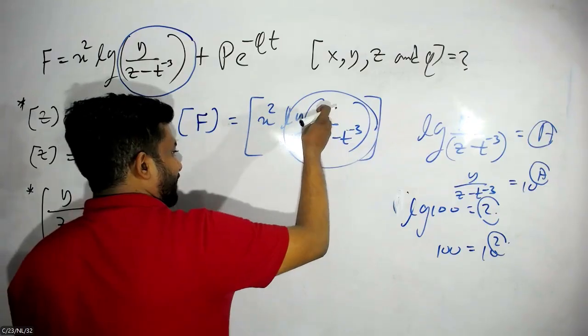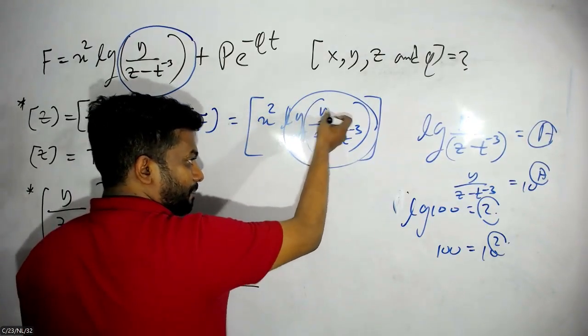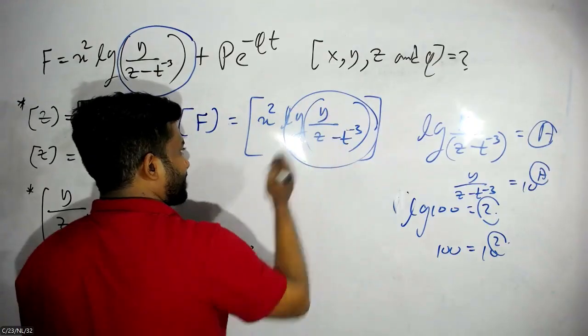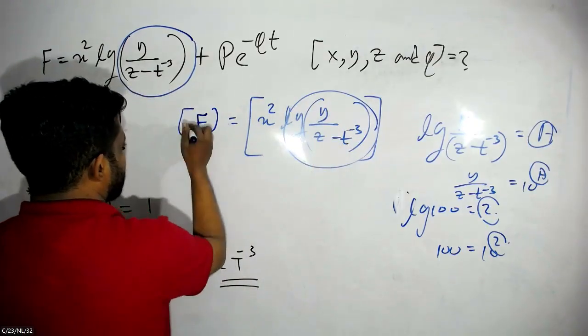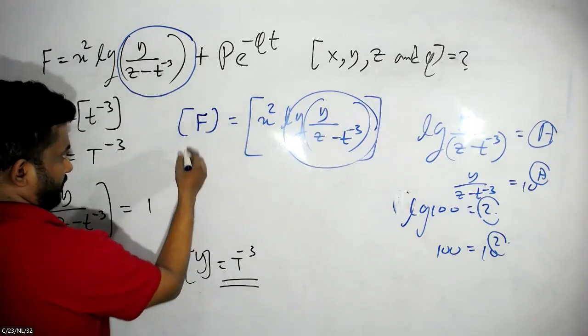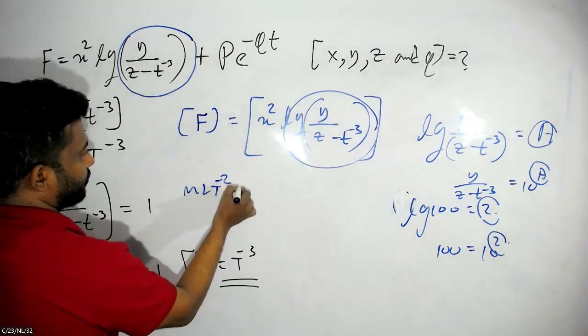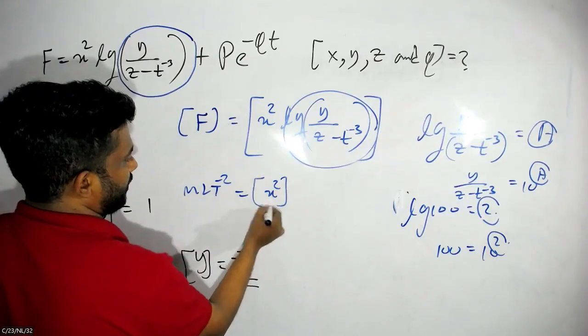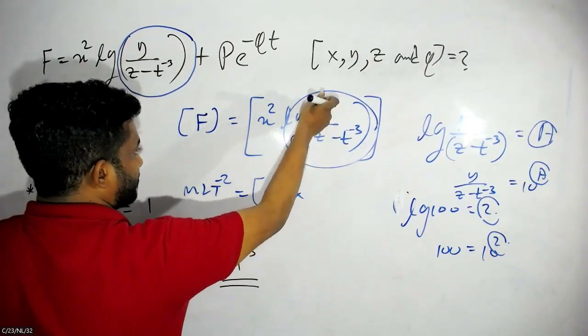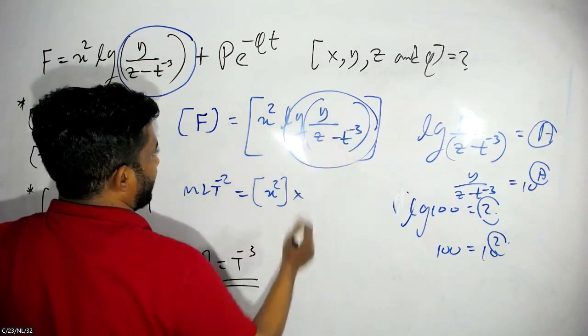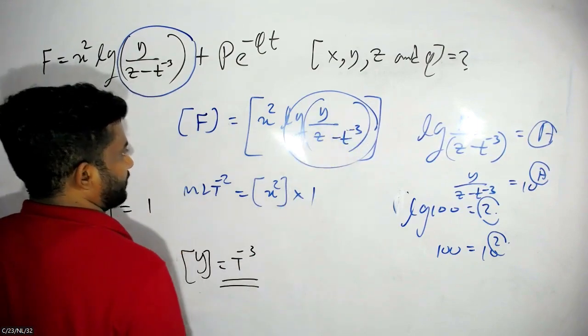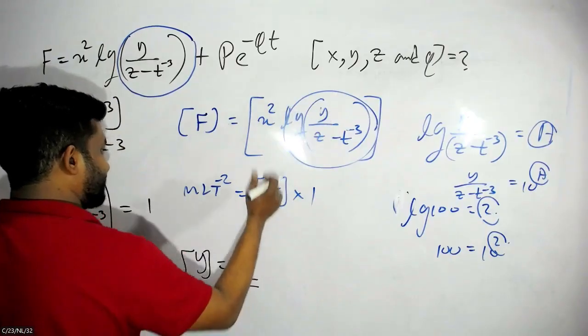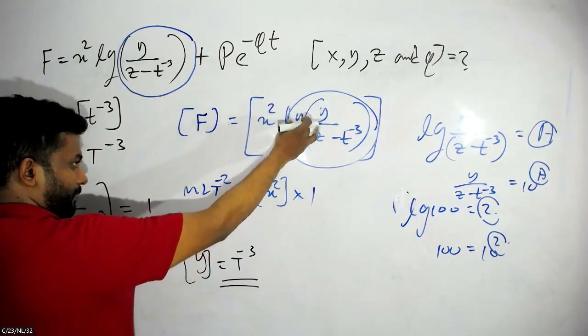When you substitute the corresponding value here, it is a 10th power. No? It cannot have dimensions. Then the dimensions of force is MLT minus 2. This one is x squared. Then the dimensions of this term log y over z minus t to the power minus 3 should be 1. This term cannot have dimensions. We discussed this theory point in our theory class, right?